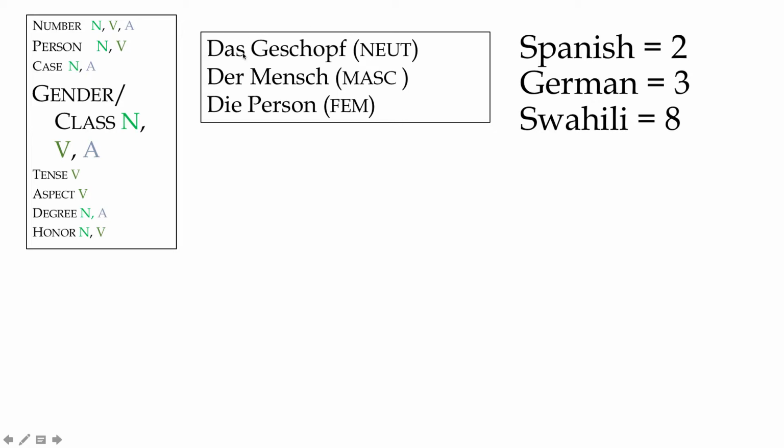The fact that Geschöpf belongs to the group of das nouns, Mensch belongs to the group of der nouns, and Person belongs to the group of die nouns has a lot of other consequences if I want to use adjectives or determiners to talk about these things. There would be different changes that would have to be made if they were in different cases.